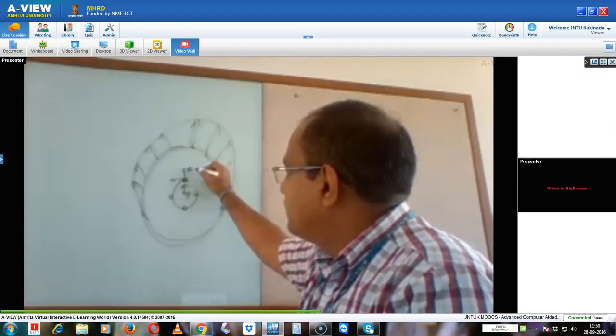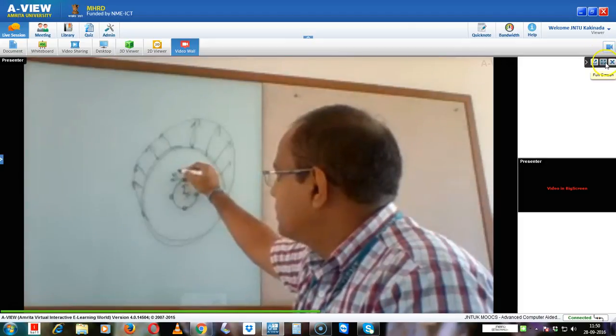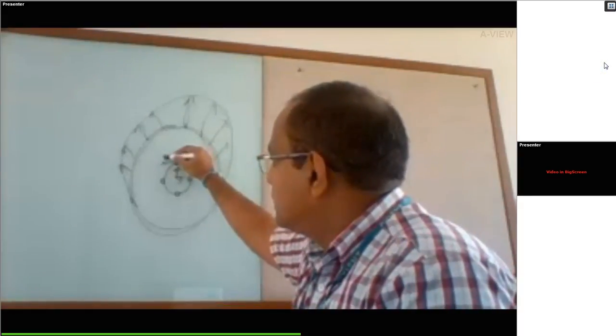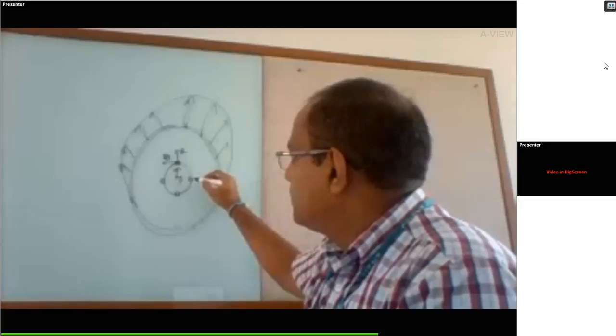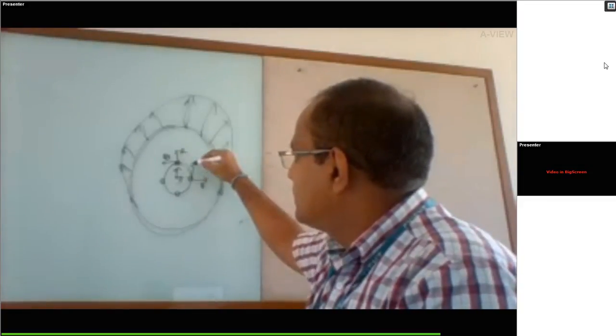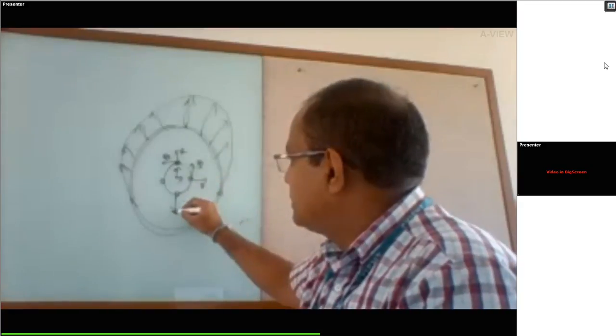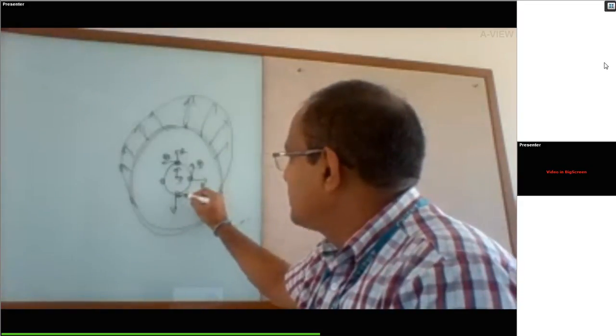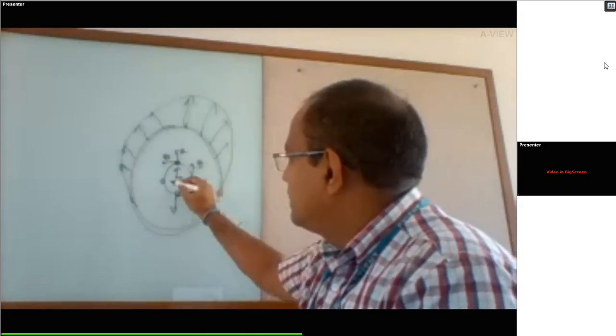This is the radial, and this is theta. Similarly here, radial is this direction and this is theta.